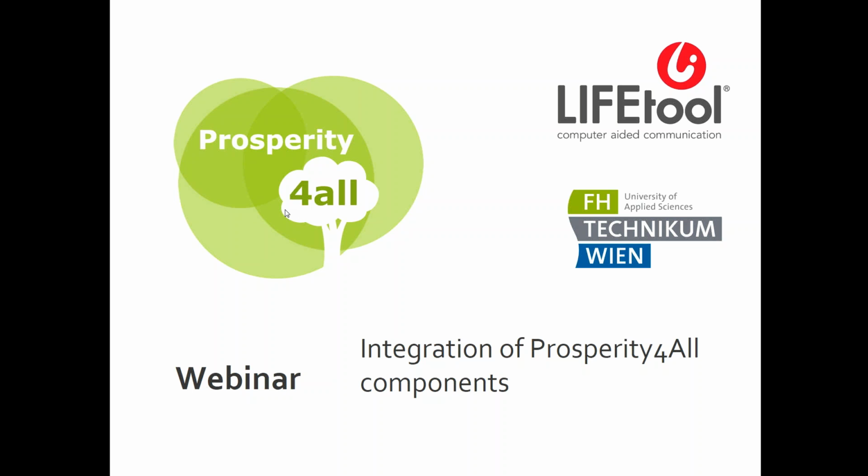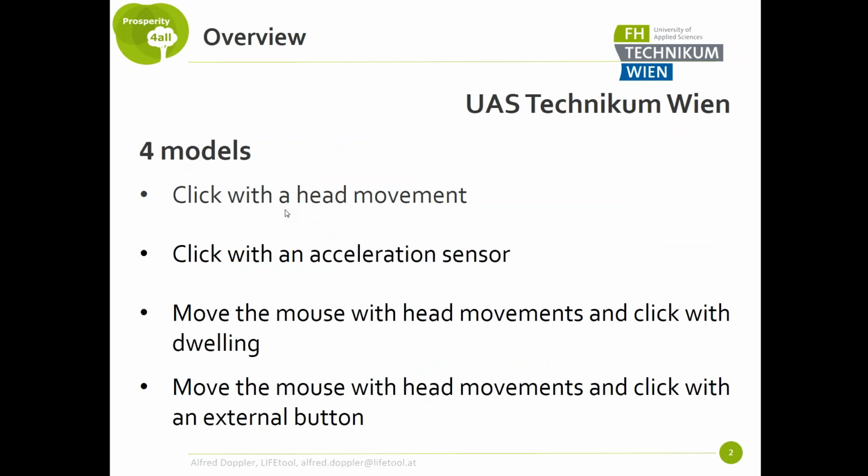I'm a developer for quite a long time now, and the University of Applied Science, Technikum Wien, delivered us 4 models we should try to integrate into our programs. We had 2 different programs in mind where we could use these things, and we first wanted to check out how these models behave, how they could work, and how we could integrate them.